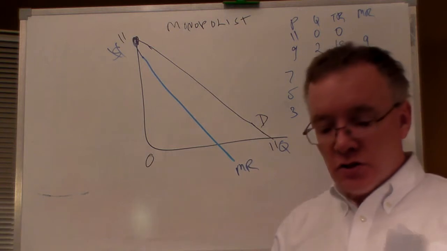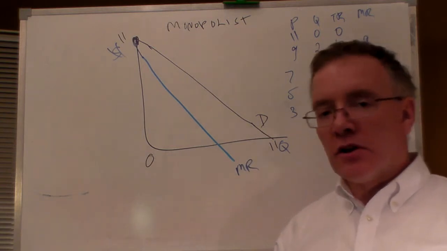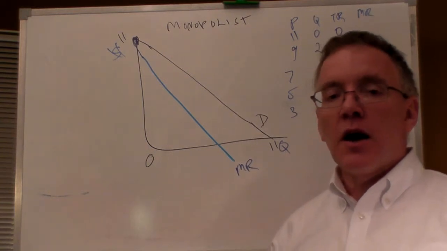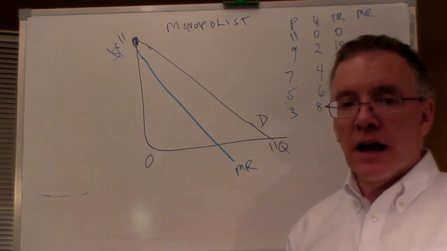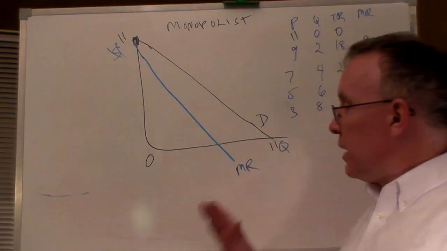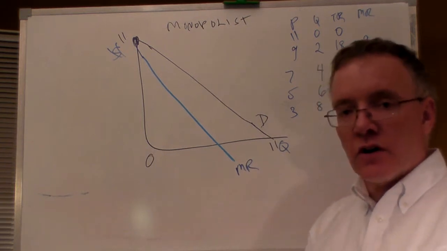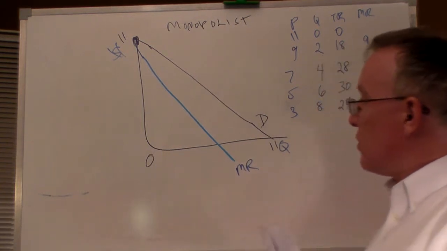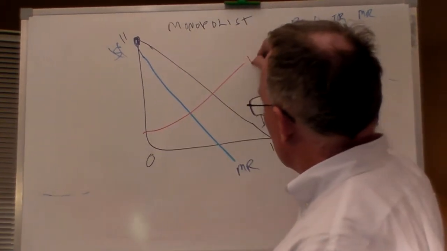So how's the firm going to choose the quantity? It's going to choose the quantity using that basic principle that we've been discussing now for several weeks, where marginal benefit equals marginal cost. And so for the firm, marginal benefit is marginal revenue, and for cost, we're going to have marginal cost. So I haven't drawn a marginal cost curve on here, but let's assume there's some sort of marginal cost here.